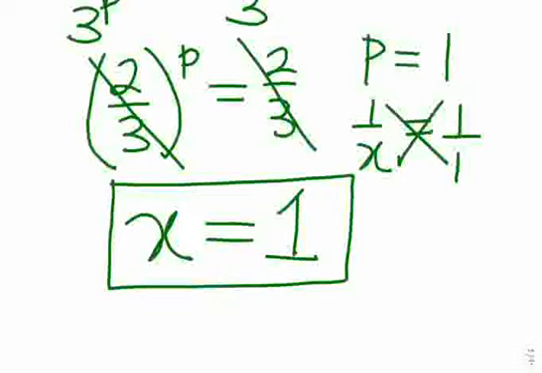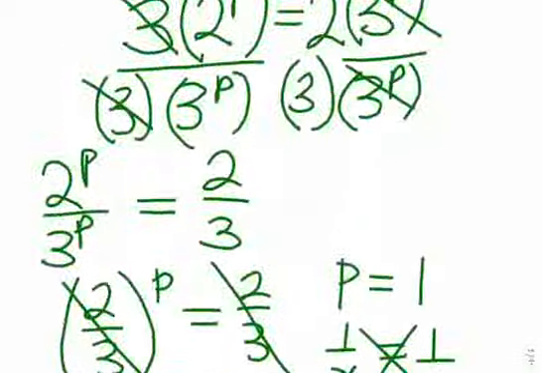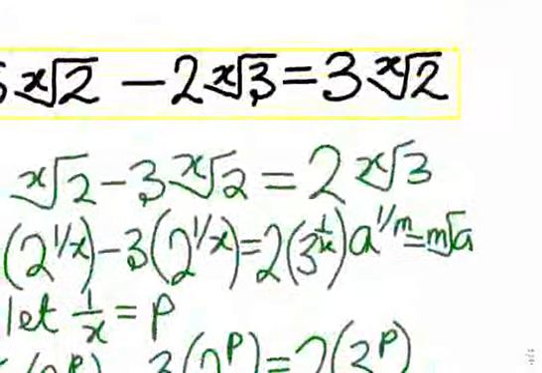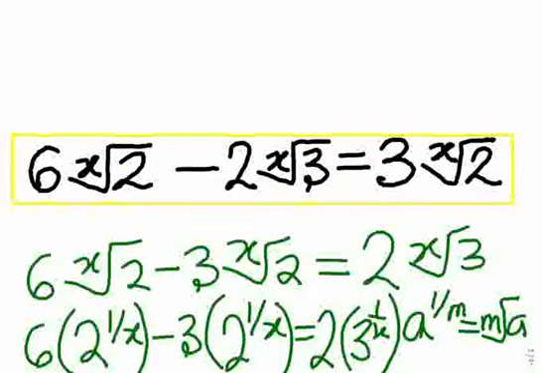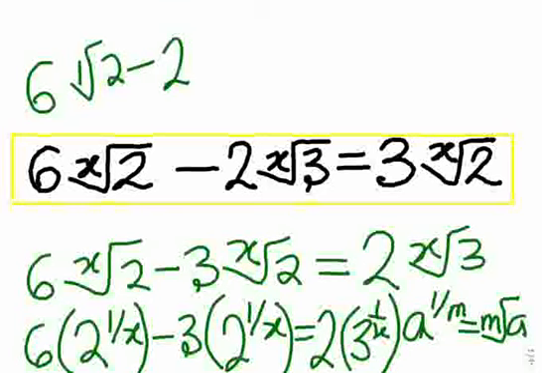But then we can go on to check if our solution is correct. Is x equals 1 a solution to this question? If you slot this into the calculator, 6 multiplied by the first root of 2 minus 2 multiplied by the first root of 3, it will give you 6 as the answer.